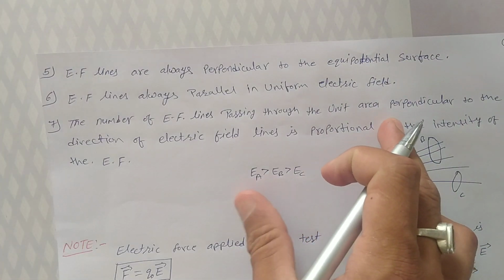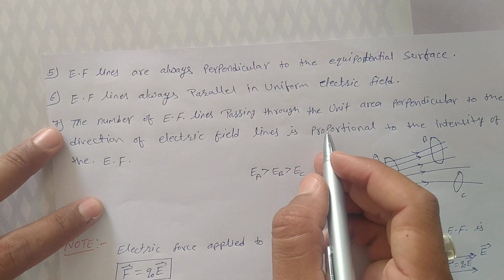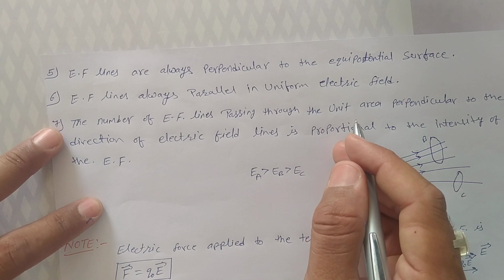Okay, it means the angle between electric field lines and the equipotential surface is 90 degrees.